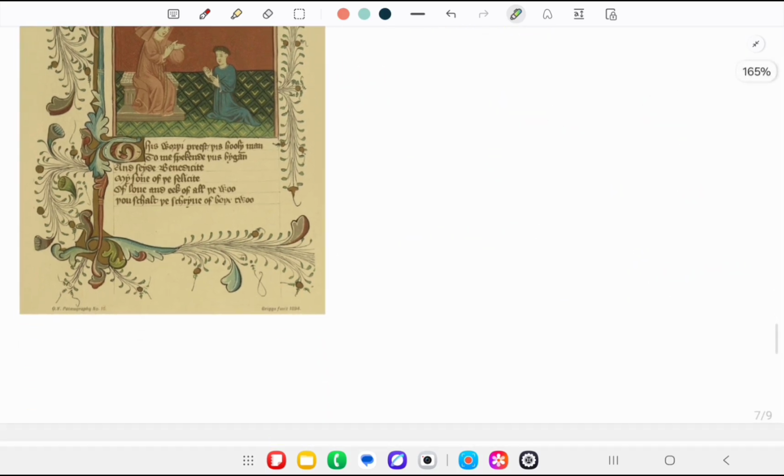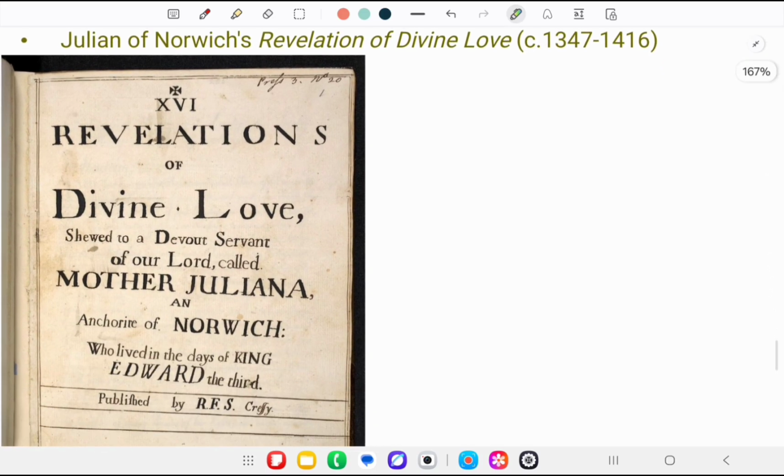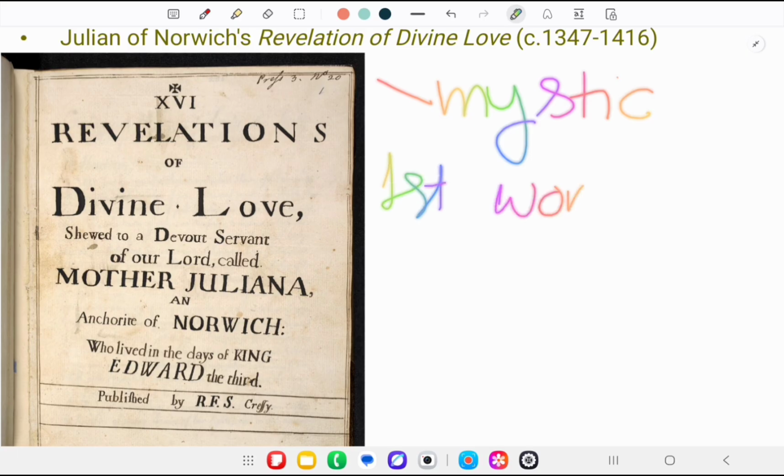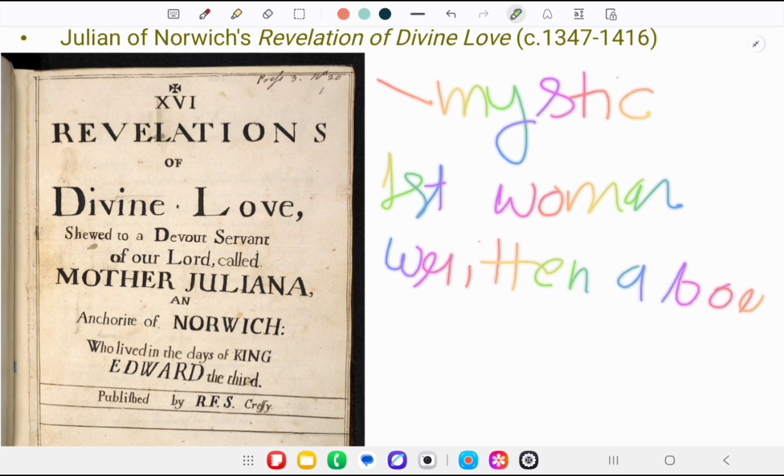Next one is Julian of Norwich, an important mystic and the first woman known to have written a book in English.